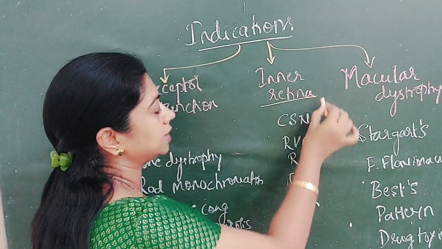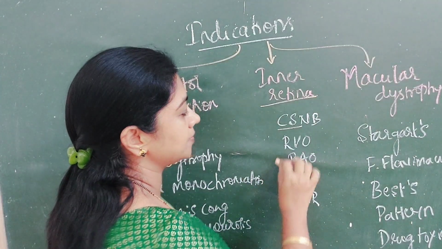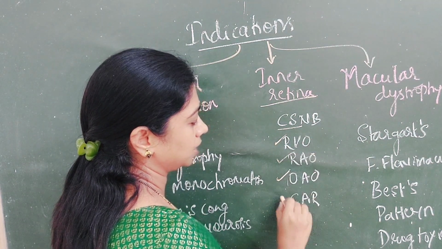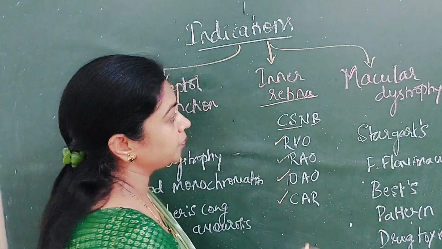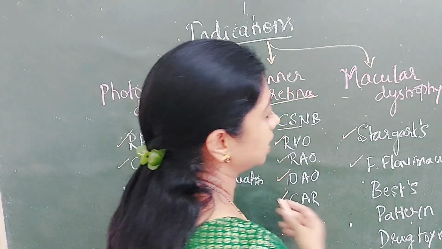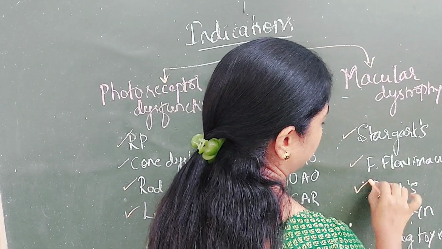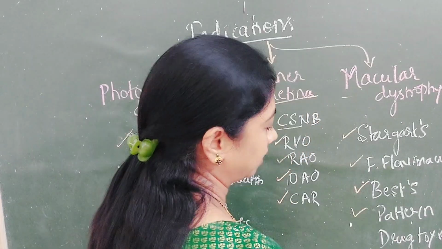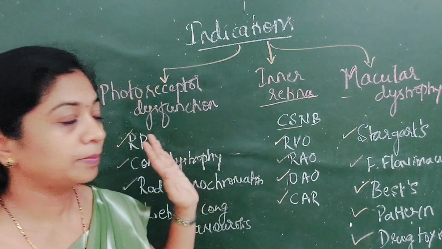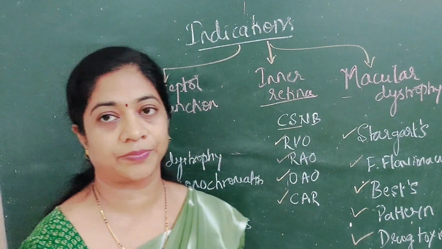Whereas for inner retina, that is congenital stationary night blindness, retinal vein occlusion, retinal artery occlusion, ophthalmic artery occlusion, and cancer-associated retinopathy. In case of macular dystrophy, it is indicated in cases of Stargardt's disease, fundus flavimaculatus, Best's vitelliform dystrophy, and pattern dystrophy, as well as in cases of drug toxicity. So these are the main indications for ERG.